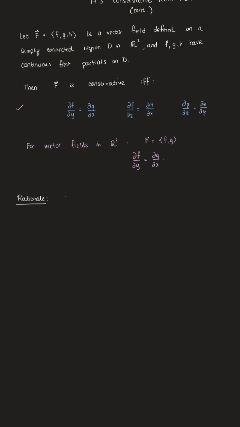If F is a conservative vector field, then there's some function, let's call it phi, such that F is the gradient of phi.